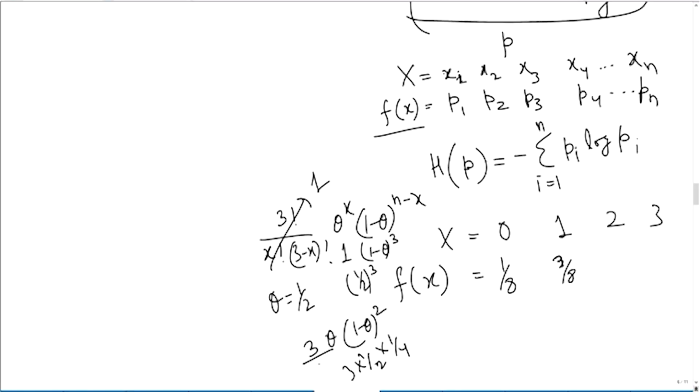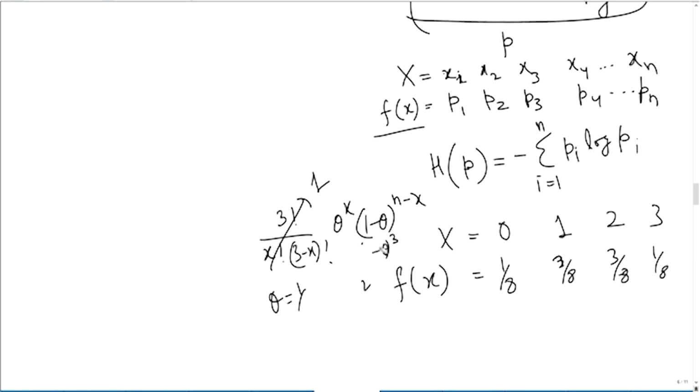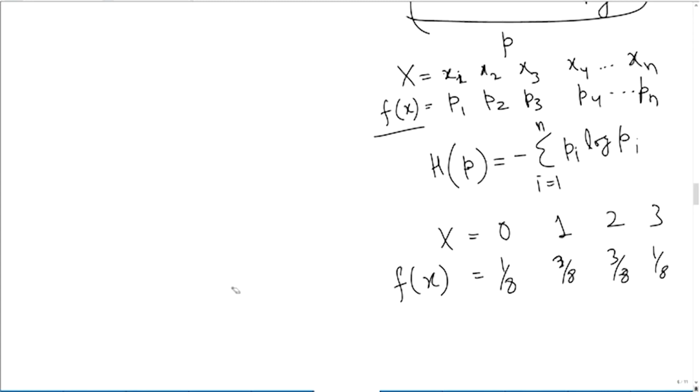And this one would be theta square into 1 minus theta into 3, so 1 by 4, 1 by 2, 3, again 3 by 8, and this final one would be 1 by 8. Okay. So these are the probabilities assigned by a binomial distribution to each outcome of this random variable.